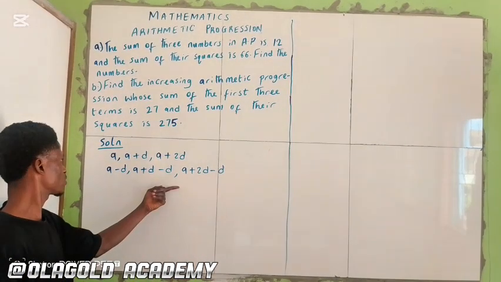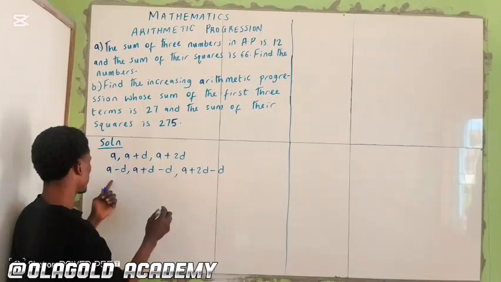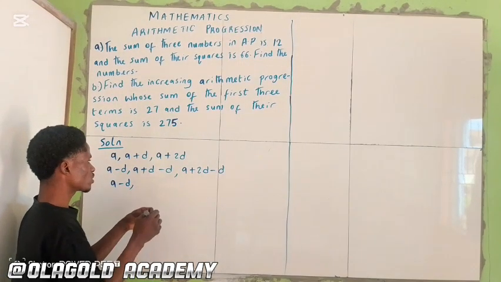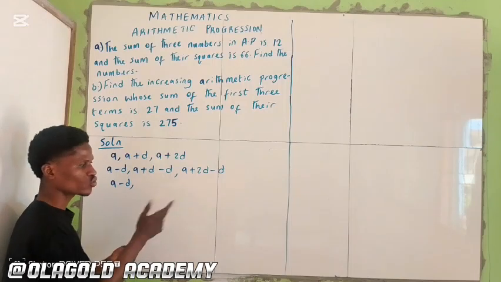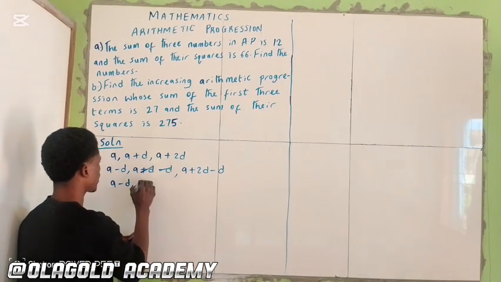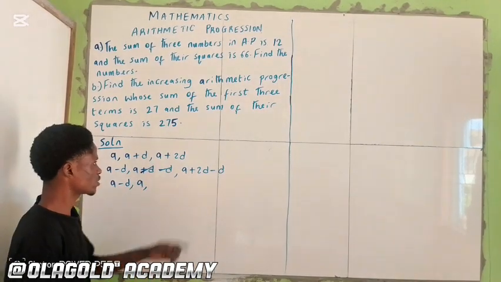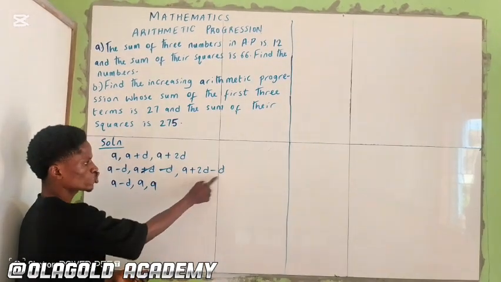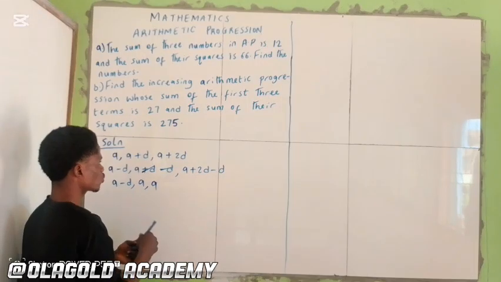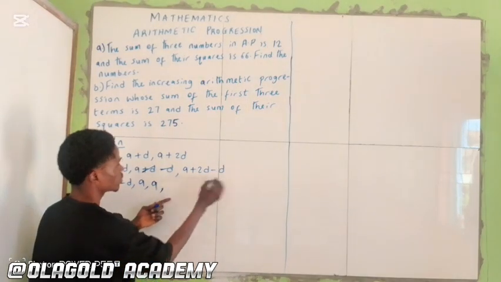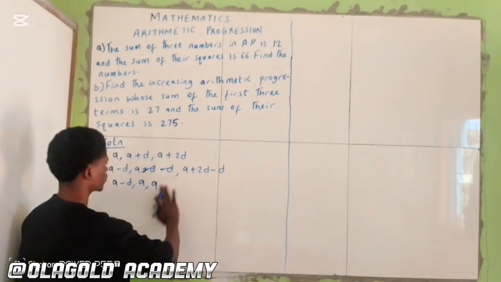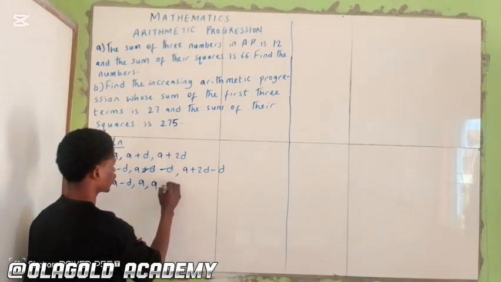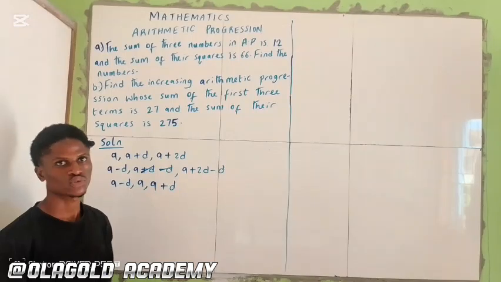Alright, so we have this. A minus D, we have A minus D, comma, plus D minus D, we cancel out, we have ordinary A here, plus 2D minus D will give us plus D. So we have this.